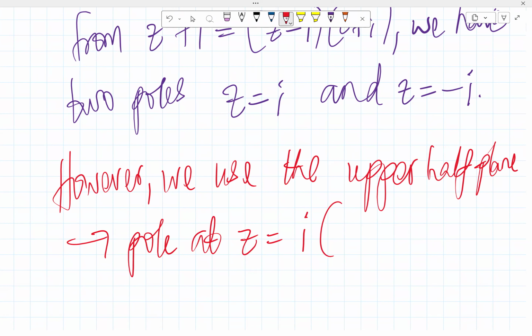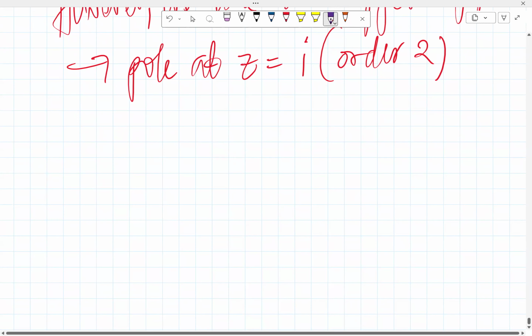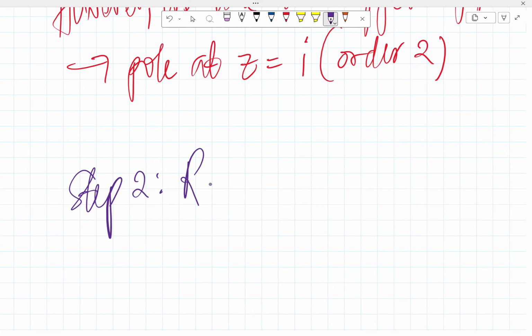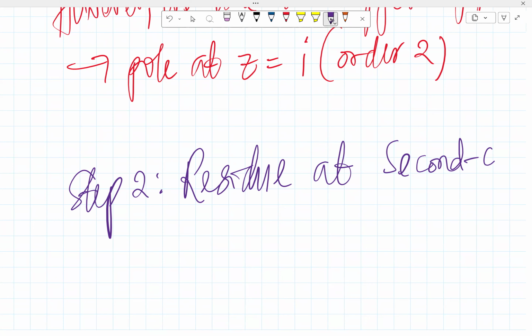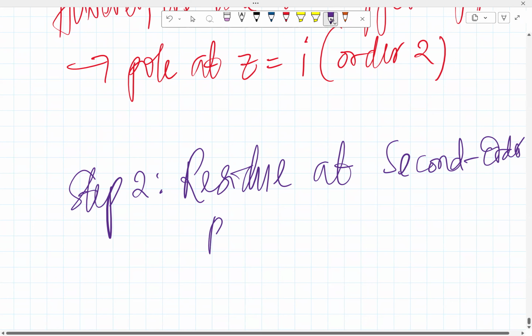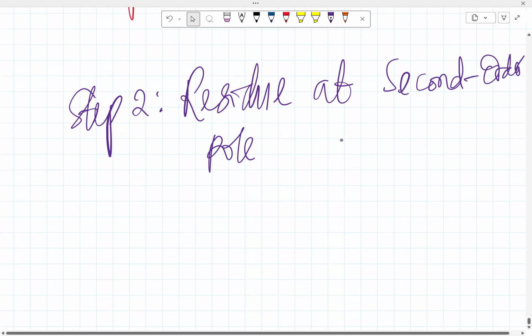So the pole at z equals I is of order 2. So we then move on to step 3. Or is this still step 2? Step 2, we have the residue at a second order pole. So what does that look like?